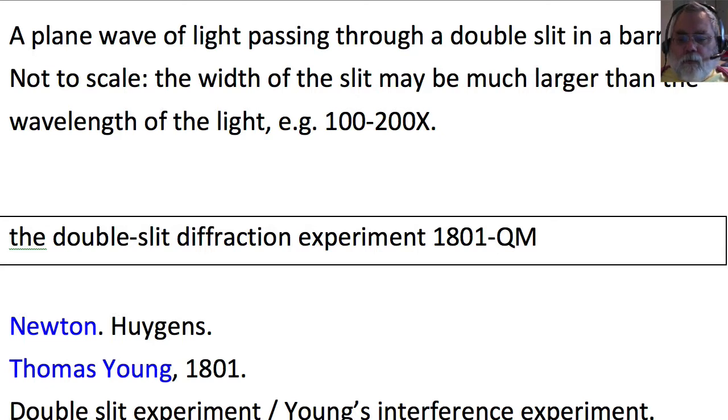Thomas Young was an English medical physician, a scientist, and a polymath. He knew a lot about many things. In fact, a 2006 biography called him the last man who knew everything.